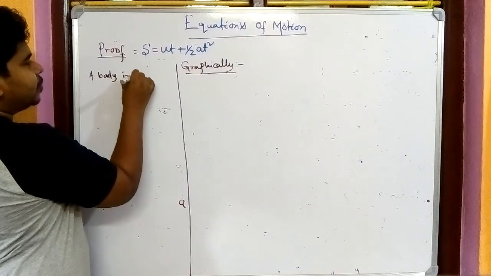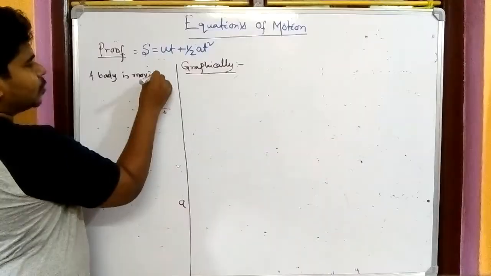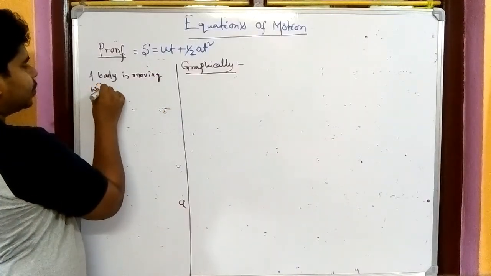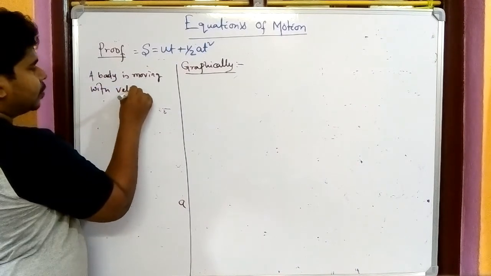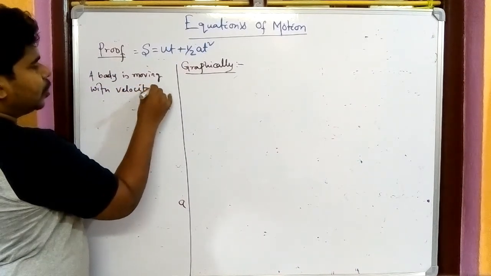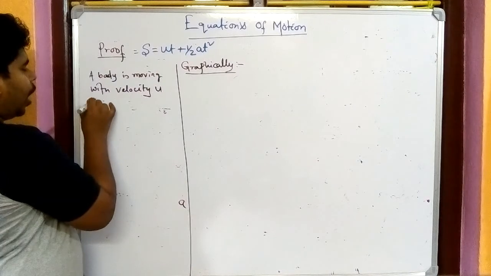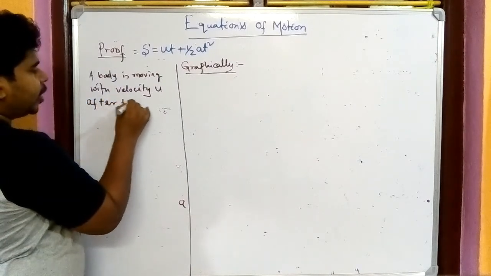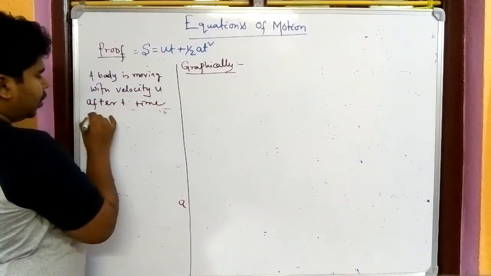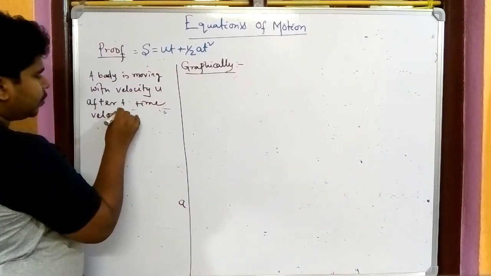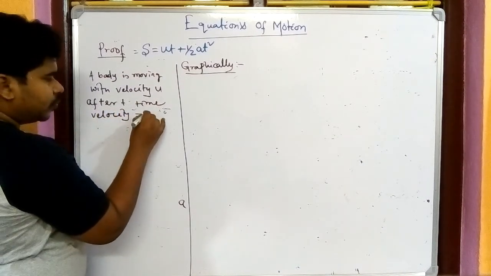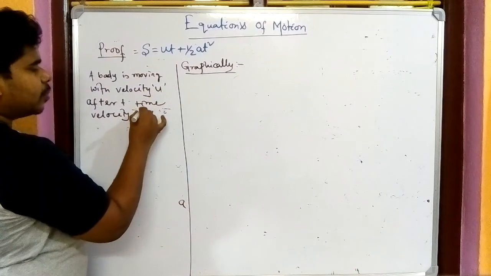a body is moving with velocity u, and after t time the velocity is equal to v. That is the simple thing.